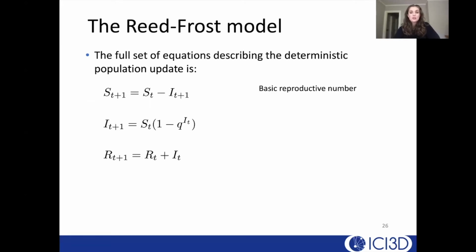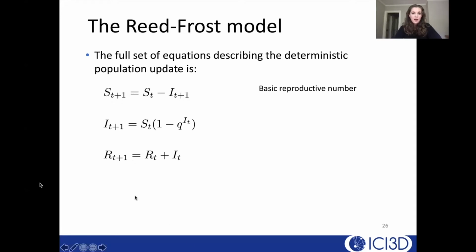And one way to check our understanding of the model is to think about the basic reproductive number. The basic reproductive number, just as a reminder, is the expected number of new infections caused by a single infectious individual in an otherwise fully susceptible population. So how can we think about that for this model?